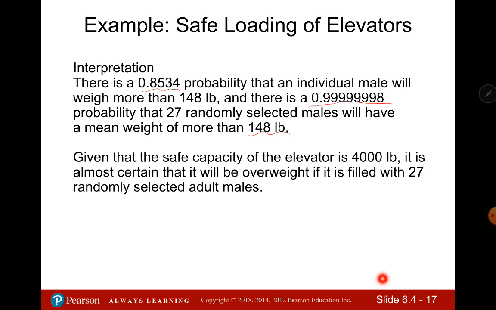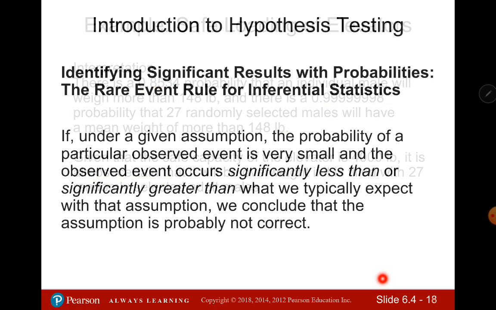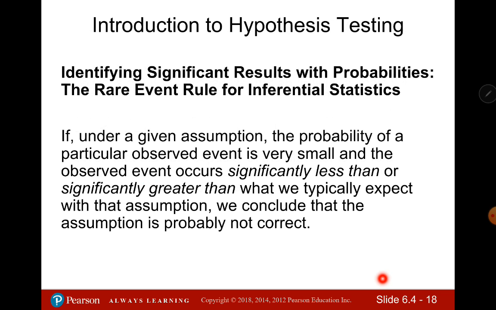So it's almost certain to happen. We will say it is almost certain they will be overweight if we randomly select 27 adult males. So that's the worst case. It's almost certain because the probability 0.99998 is very close to 1.